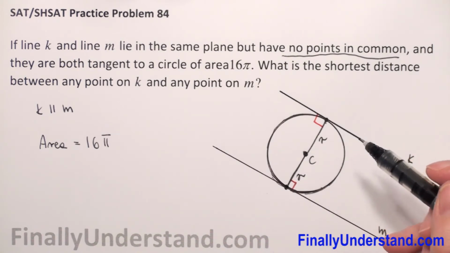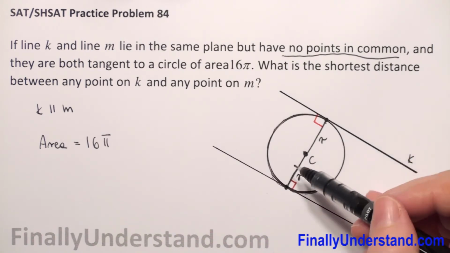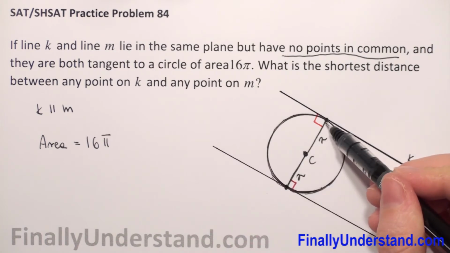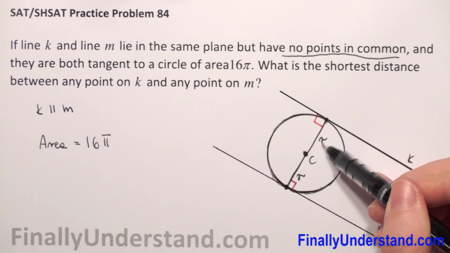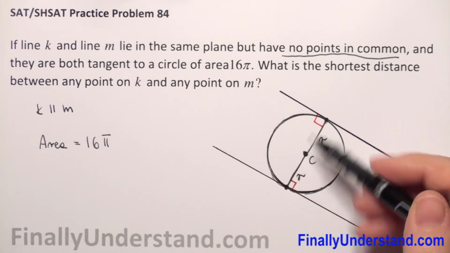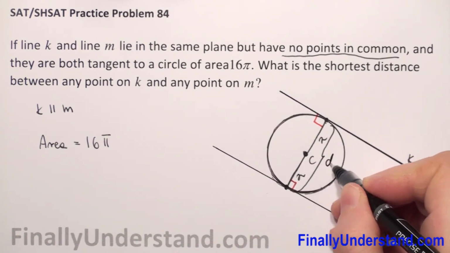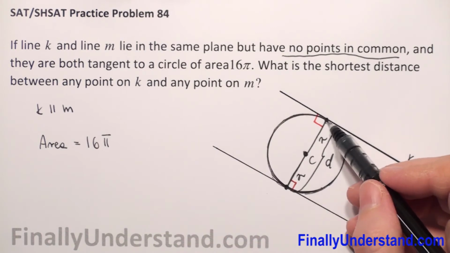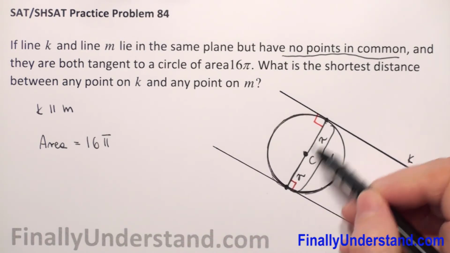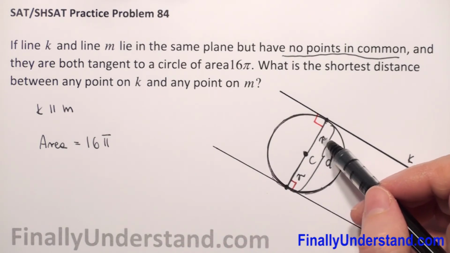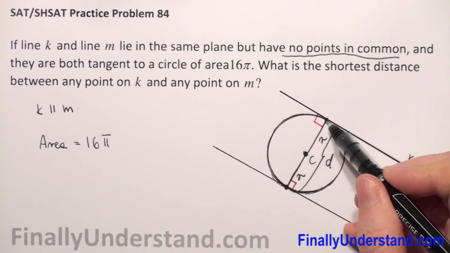And now, to find the shortest distance between these two points, we see that we have r plus r. r plus r is the diameter. So we have to find the diameter of this circle, and when we have the diameter, we will have the distance between these two points.